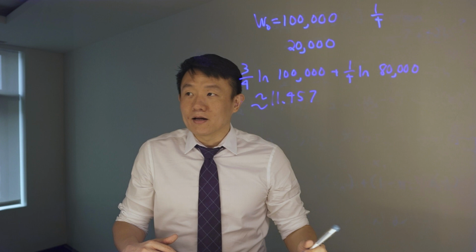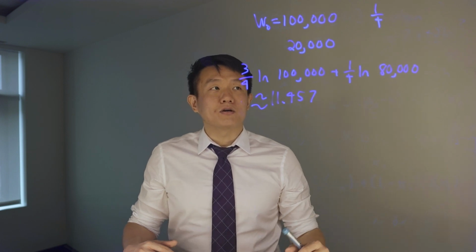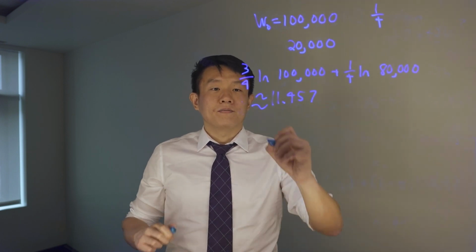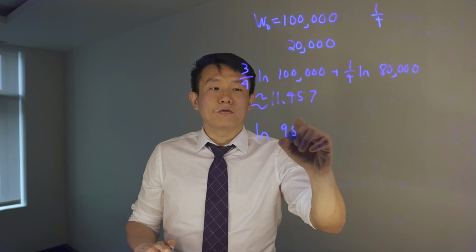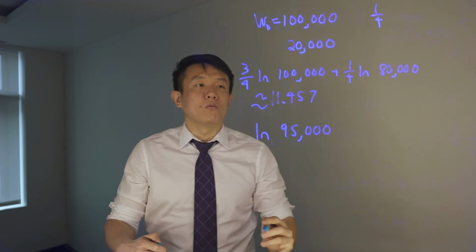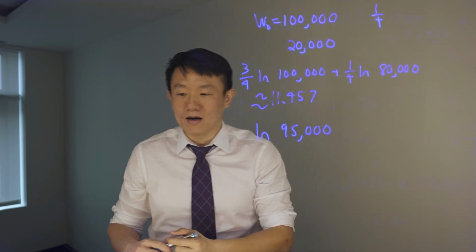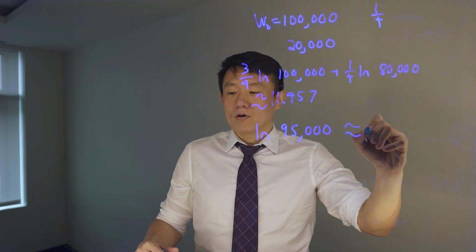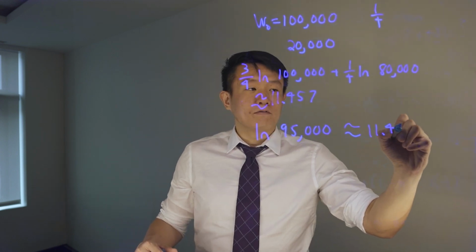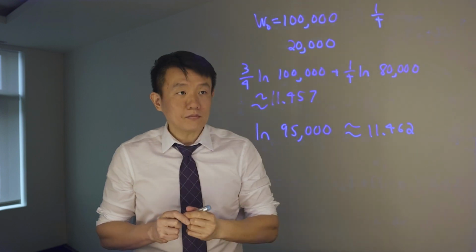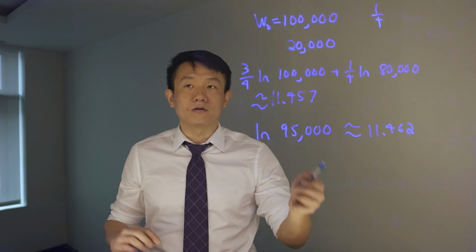If I buy $20,000 worth of insurance for $5,000, that means that my final wealth will be $95,000 whether I crash my car or not. That's approximately equal to 11.462. So I'm better off with insurance than without it.